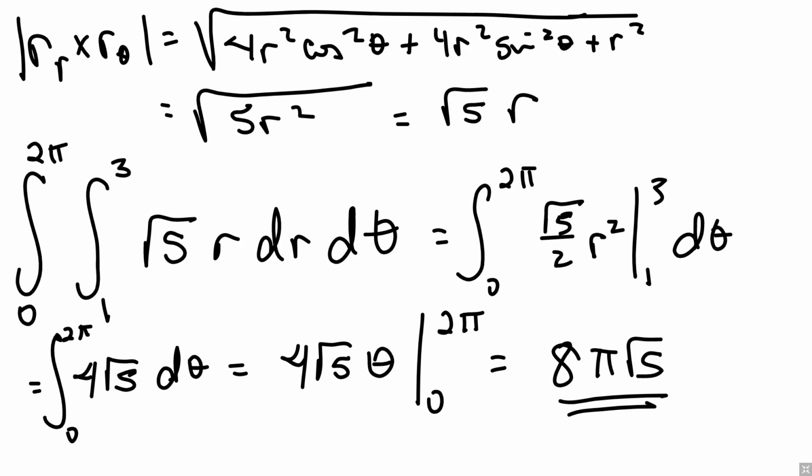If you can write all your different pieces in terms of x and y, then it's fine, because your r function needs to be in terms of two variables and not three. But if you don't see an easy way to do it, you can always switch it over to the corresponding polar or cylindrical or spherical.